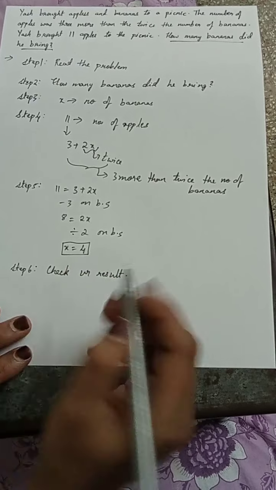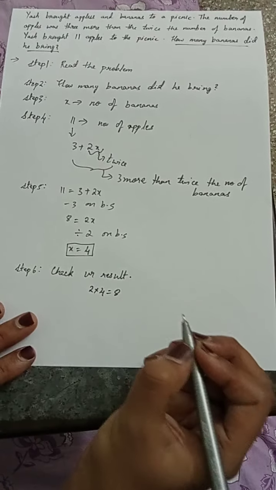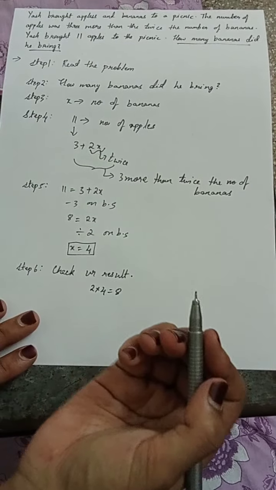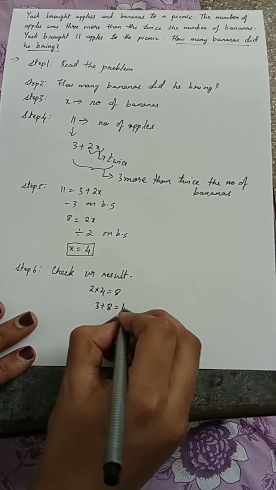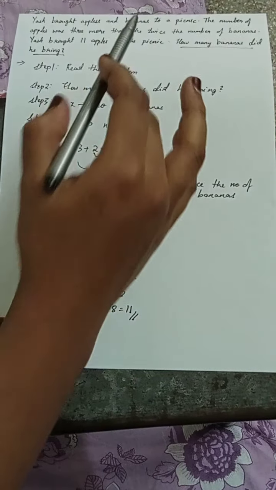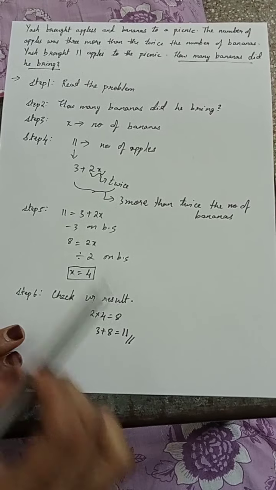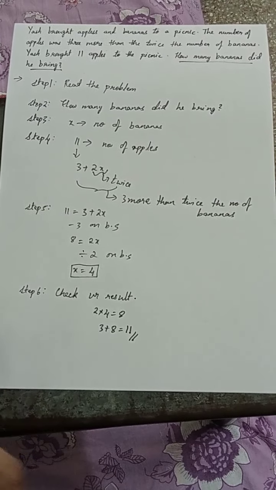So twice the bananas, in the sense 2 into 4, obviously it is 8, and it is 3 more than twice the bananas, so 3 plus 8 will obviously give you 11. So here the whole problem has been verified. At the same time you have solved the whole problem using the strategy.